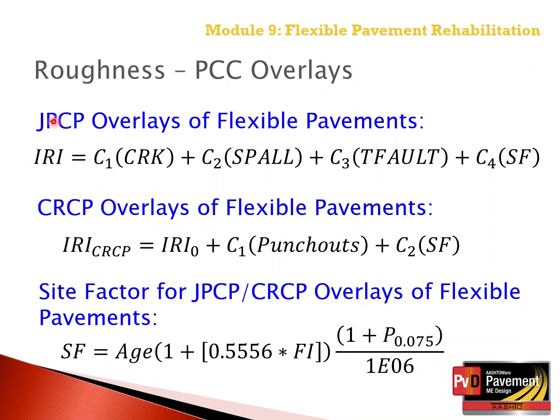So the regression equation for JPCP overlays of flexible pavements is the same as for new jointed plain concrete pavements. And then the regression equations to predict IRI over time for CRCP overlays of flexible pavements is the same as for new CRCP designs. The site factor for both JPCP and CRCP overlays of flexible pavements is the same, which is also the same for new jointed plain and or continuously reinforced concrete pavements, which is shown on the slide.